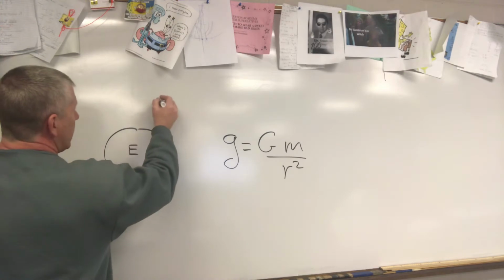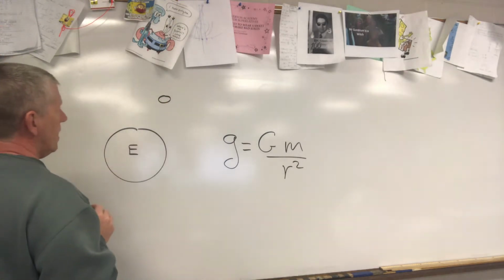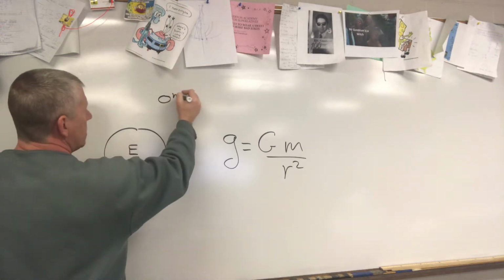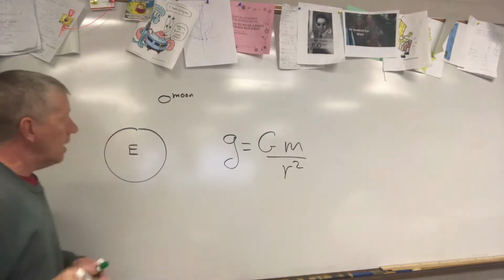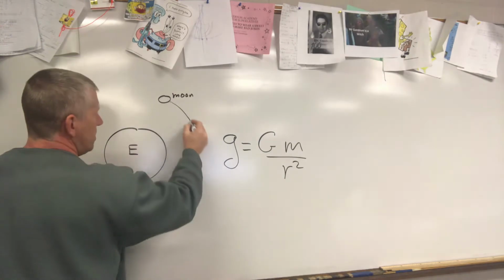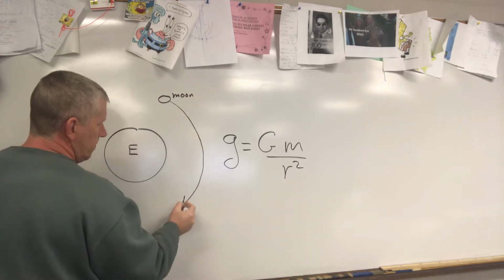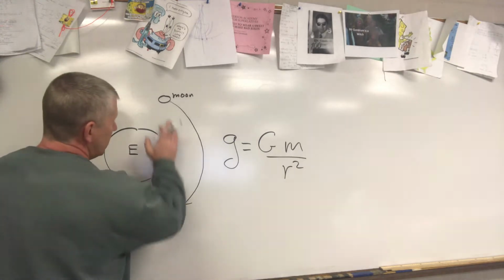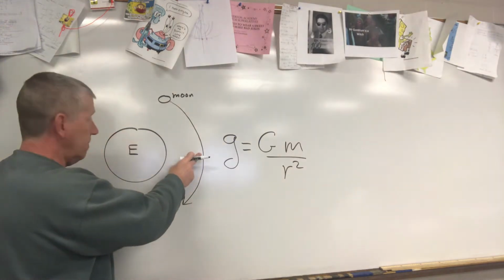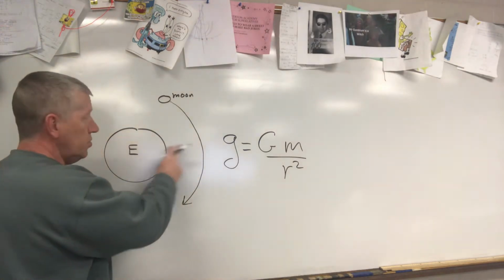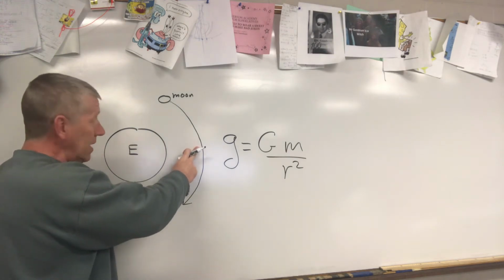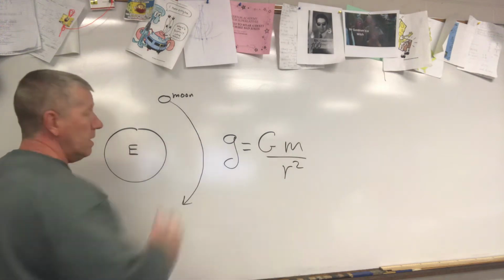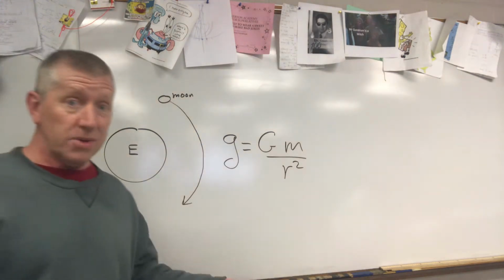So if we have a satellite out here at this level, and maybe that's the moon, and it's circling the Earth, well, here's the thing. G here isn't G here. G here is going to be a lot less than G here. The farther away you get from the center of the Earth, the less G is.